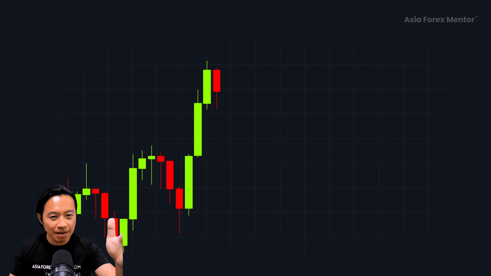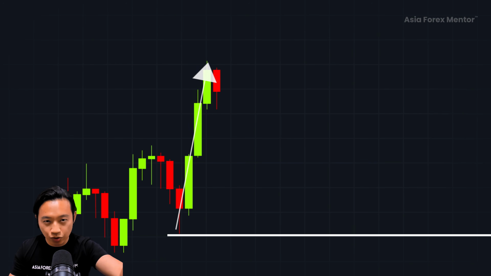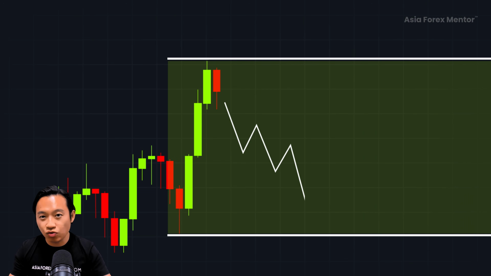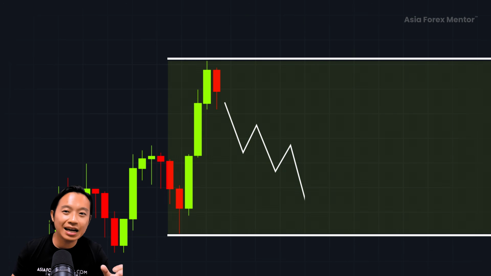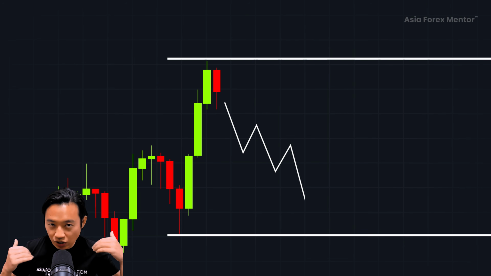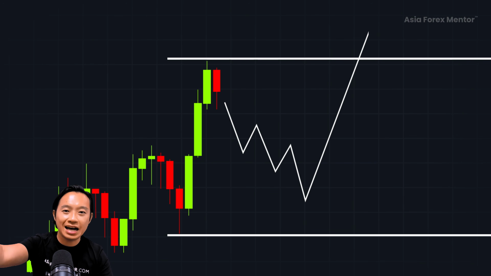Now, the latest impulsive move has started from here and pushed the price higher all the way up to here. The correction will occur within this range. Once the market gathers enough liquidity and the buyers start to come into play, that's where it will continue to push the price higher again.